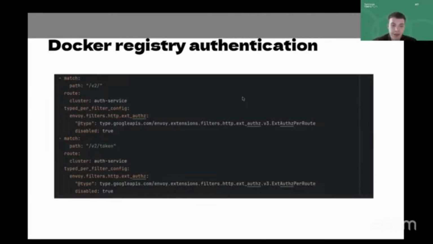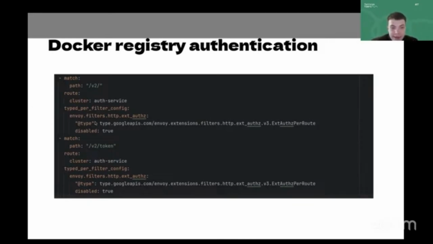Moving on to the Envoy routes configuration, we can now add two endpoints. First one is the /v2 endpoint we've talked about earlier, and also a v2/token endpoint.